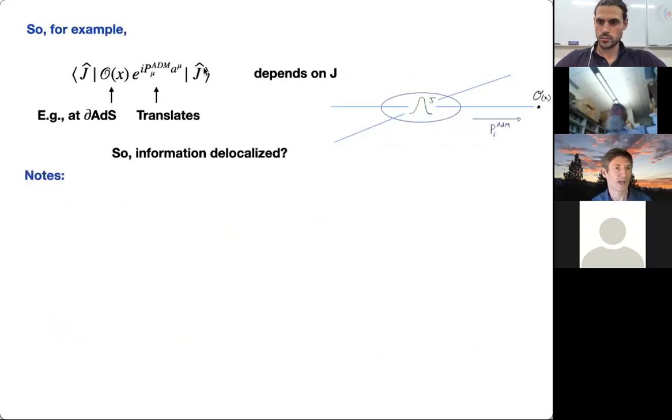So concretely, if we have a state, then there are operators that live at the boundary which are sensitive to potentially the details of that state, that you get by, say, operating on the state with a translation operator, which brings it out to the boundary, and measuring the state with some other operator. So that looks like it's sensitive to the details of whatever state you have in this neighborhood. So that's suggesting that information is, in a sense, delocalized in the context of gravity.